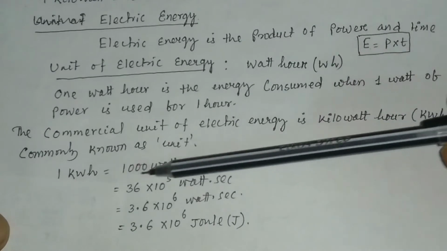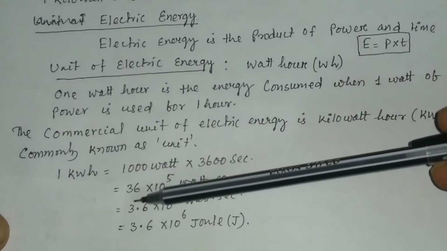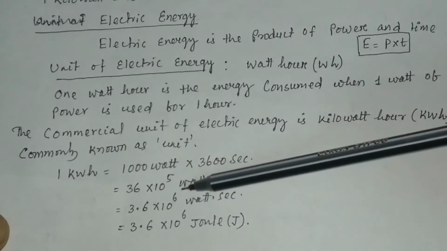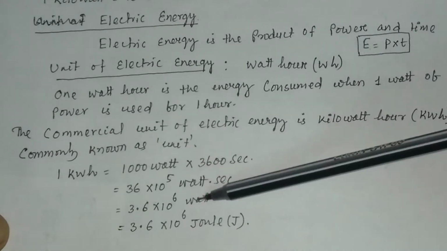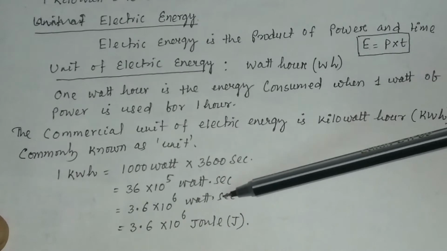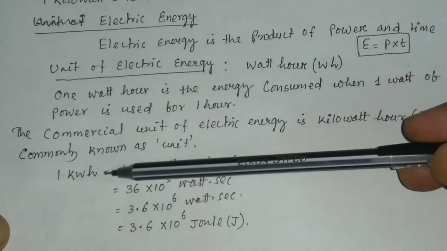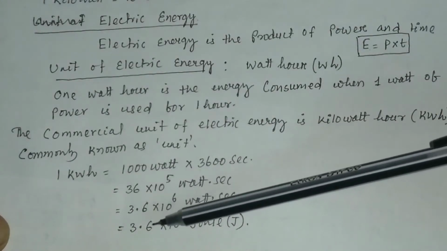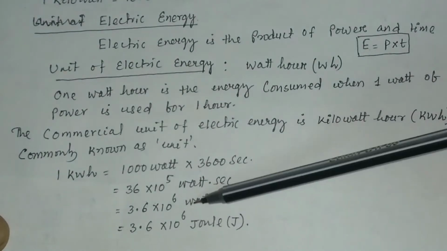So 1 kilowatt hour will be equal to 3.6 into 10 to the power 6 watt second. 1 watt second is also called joule. So 1 kilowatt hour is equal to 3.6 into 10 to the power 6 joule.